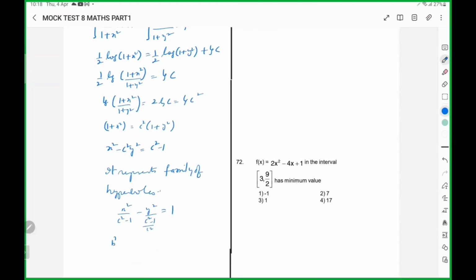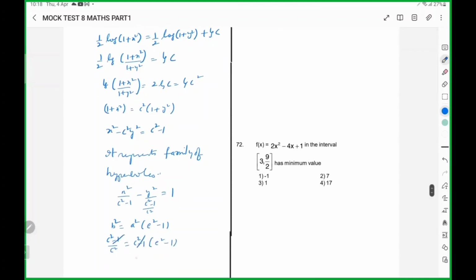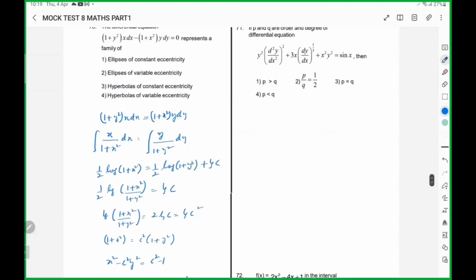So the eccentricity squared is c square minus 1 by c square minus 1. As c changes, eccentricity changes.